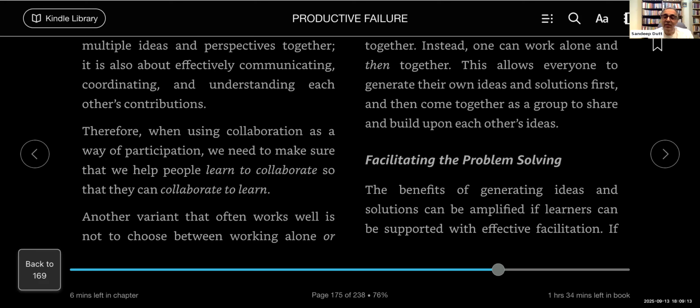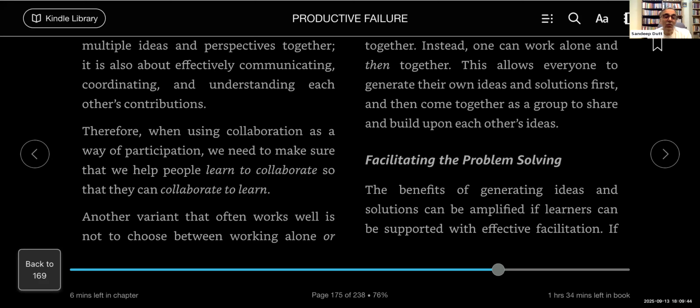Facilitating the problem solving. The benefits of generating ideas and solutions can be amplified if learners can be supported with effective facilitation. If you want to know what good facilitation looks like, look no further than the Socrates dialogue in chapter 4. That is a masterful level of skill, a level that is good to aim for but hard to achieve.